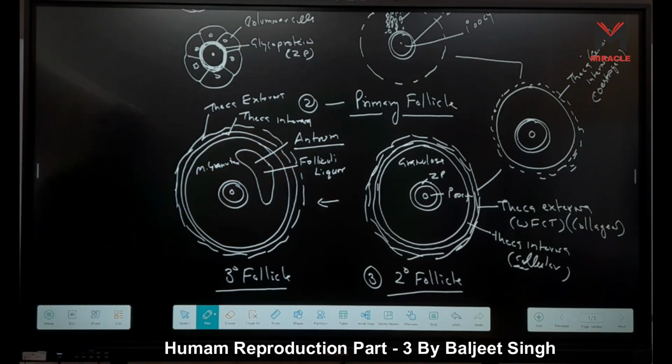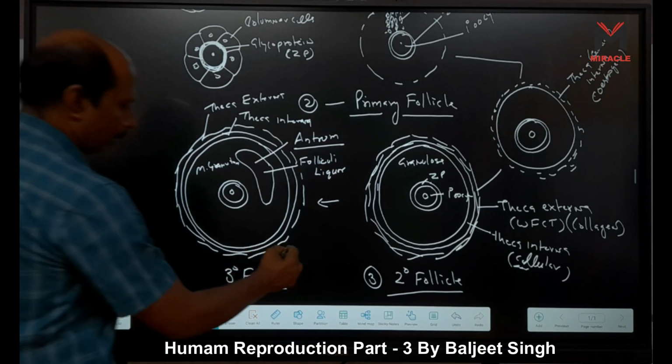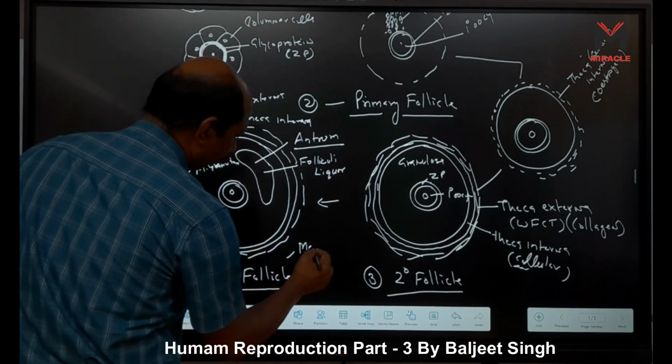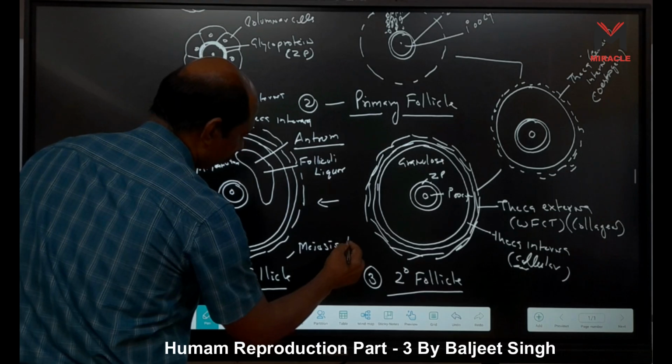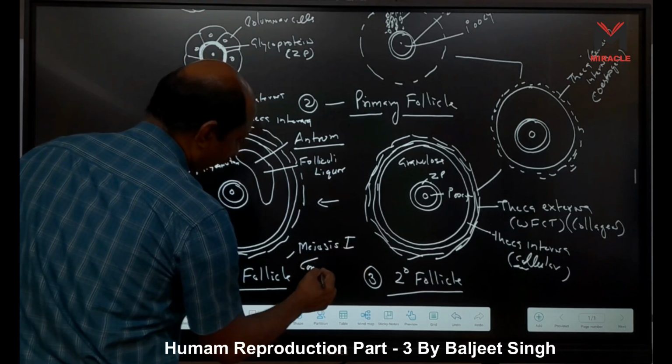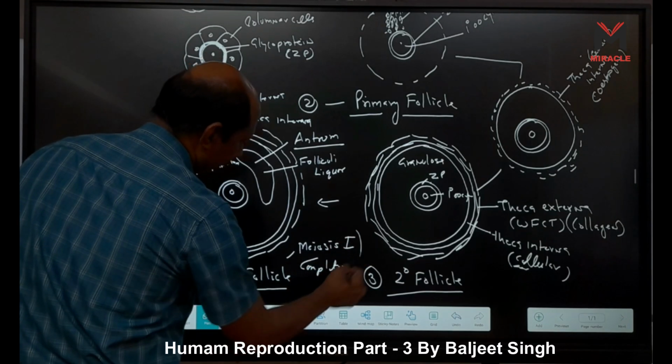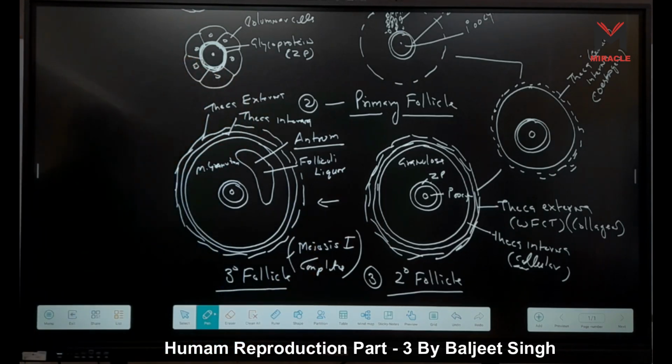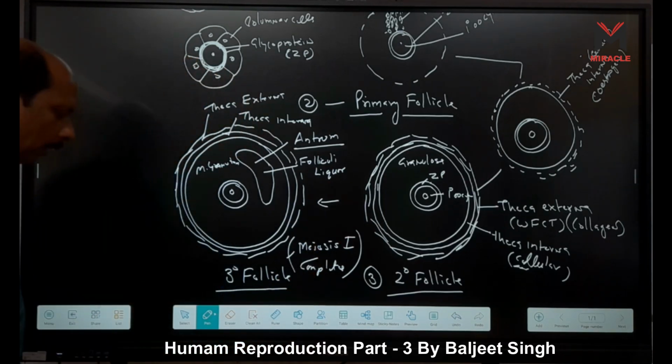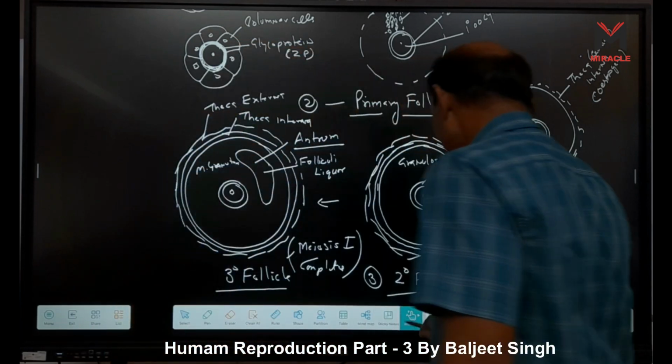In this tertiary follicle, meiosis first is also completed. Meiosis first completes in this phase, right? Now the third one, what happens after this?